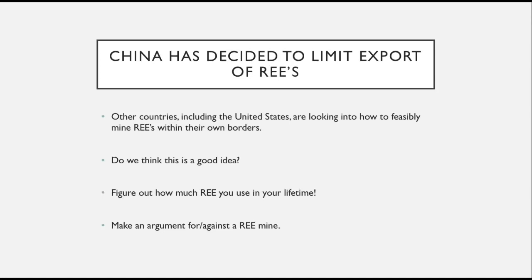And then I want you to make an argument for or against a rare earth element mine. But I want you to argue it knowing that it could pop up in your backyard. It could pop up a few meters from your school, or a few hundred meters from your house. And you have to weigh the balance of the good or the bad.